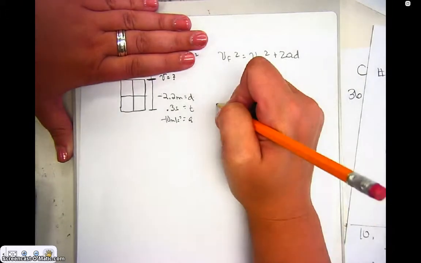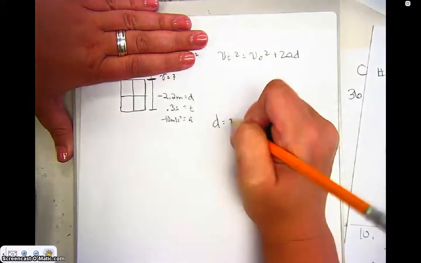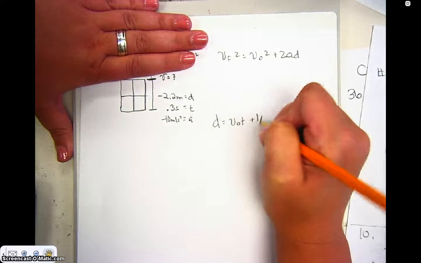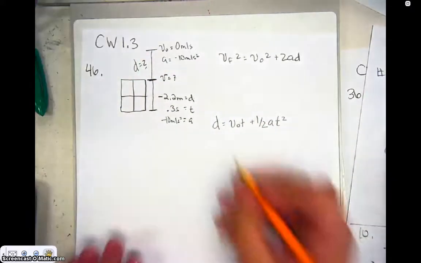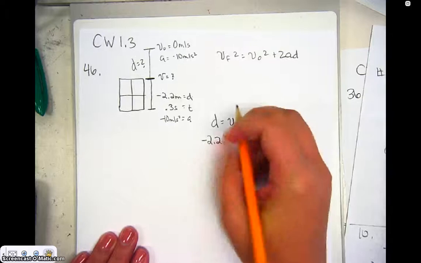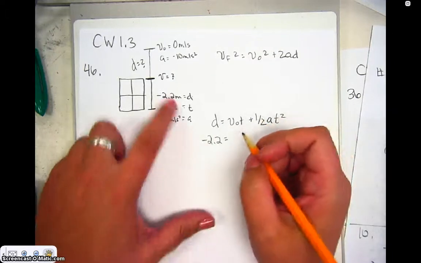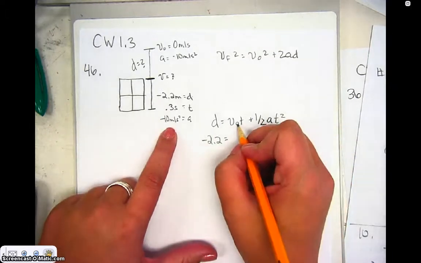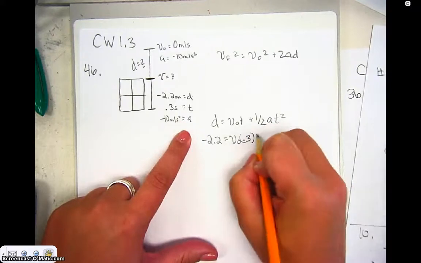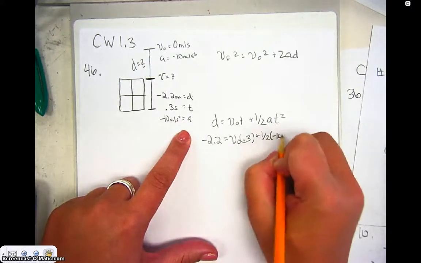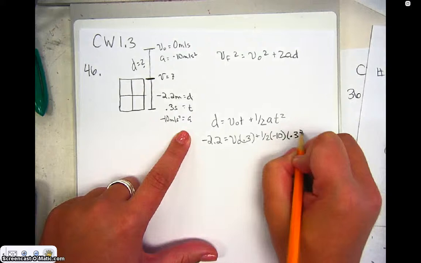Using D equals V initial T plus 1/2 AT squared, we just plug and chug. Negative 2.2 equals V initial, that's what I'm solving for, times 0.3 plus 1/2 of negative 10 times 0.3 squared.